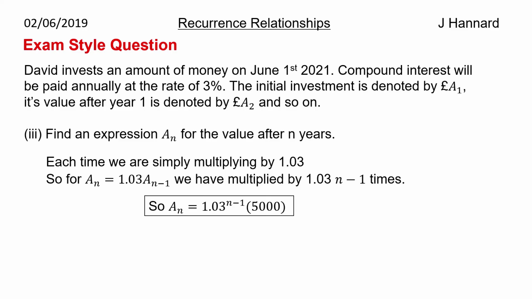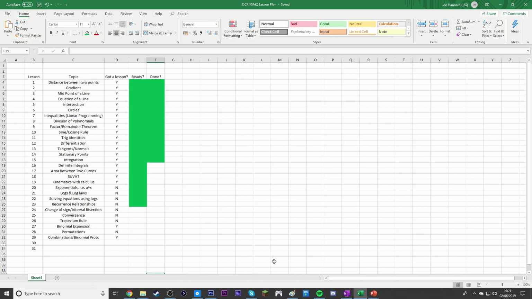I do just want to draw your attention quickly to the fact we've only got 5 lessons left after this, so I've recorded all these ones today. We've got 5 lessons left, so those are the things to come. This is something new, as is this.